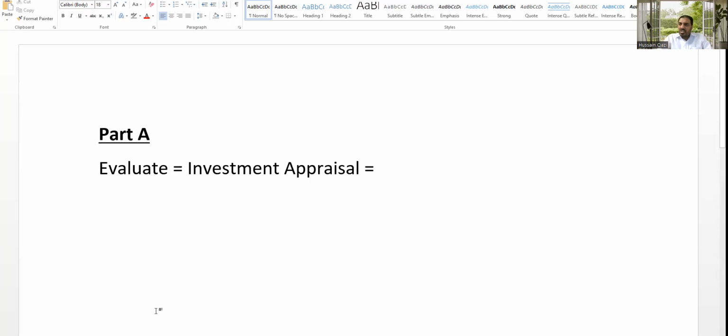But if you are sitting in the examination hall, you know very well investment appraisal has two methods, APV method and NPV method.